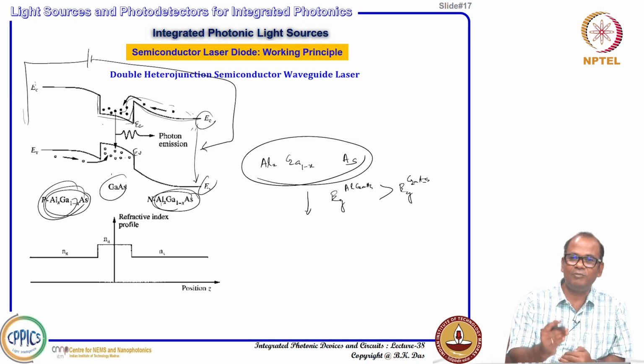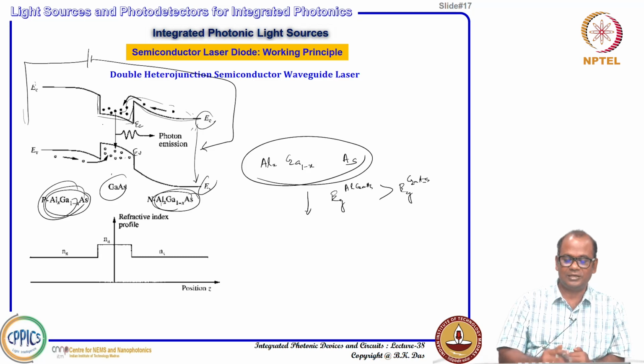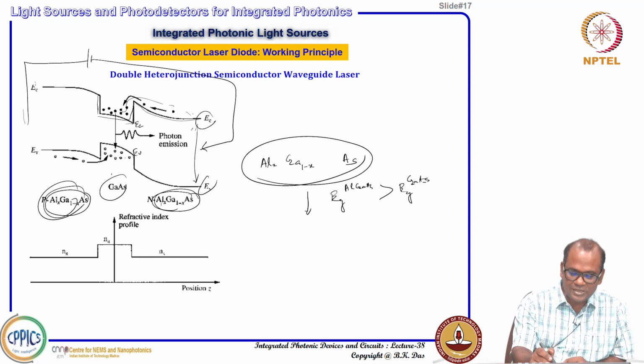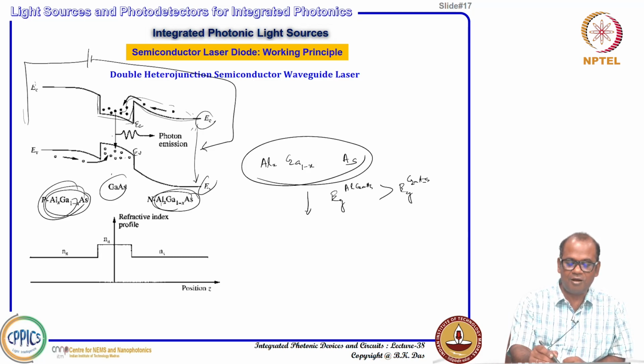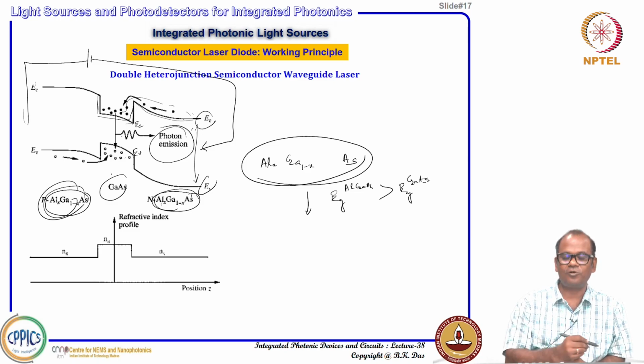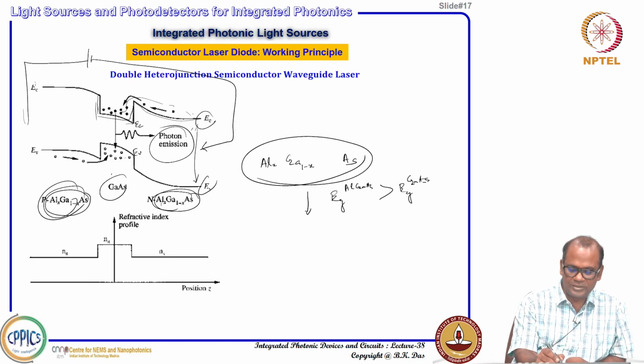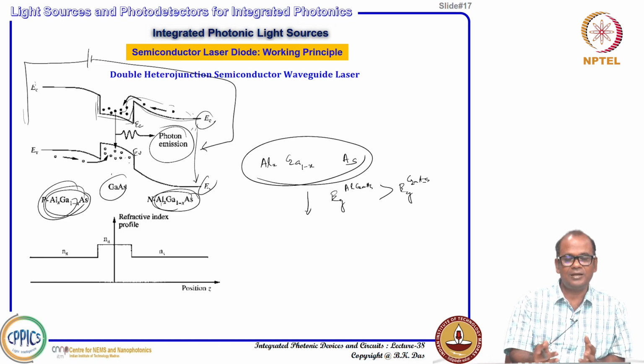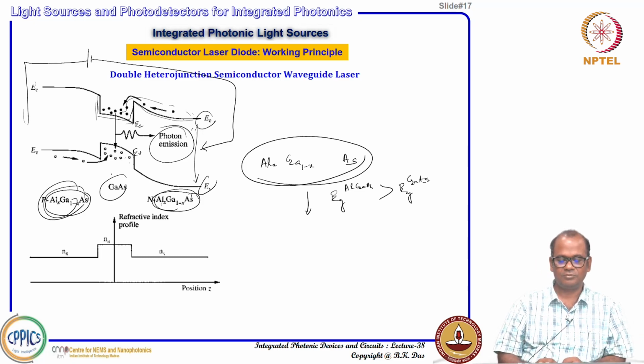So, they can stay a little longer and accumulate, and the electron gets time to recombine with the hole. So, you are enhancing the photon emission. That means in the depletion region, the active region, you are creating some kind of confinement for both electrons and holes whenever you are giving forward bias.